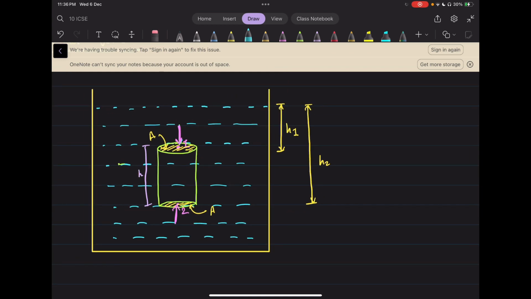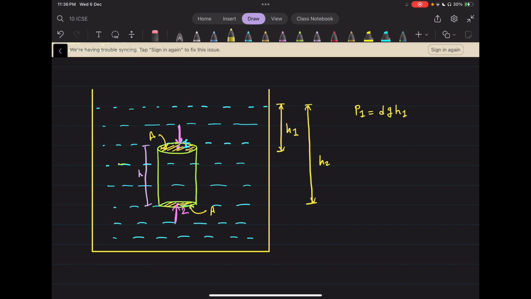If I am talking about the pressure at the top surface, according to the formula, pressure at the top surface will be density into gravitational acceleration and height h1. So the force will be pressure at point 1, the upper surface, times the area of the upper surface, and that will give dgh1A.